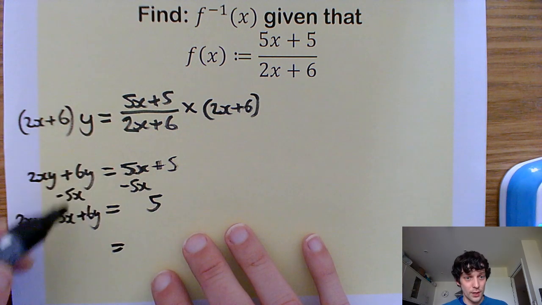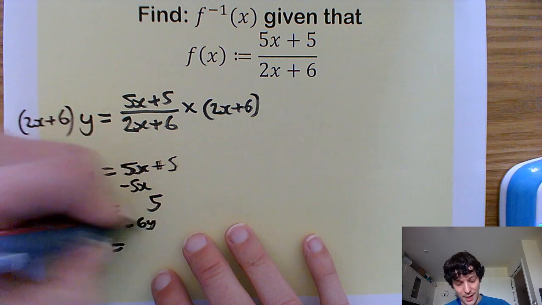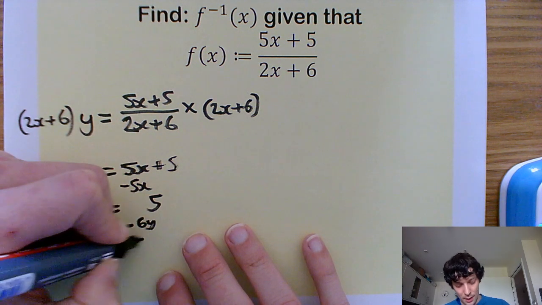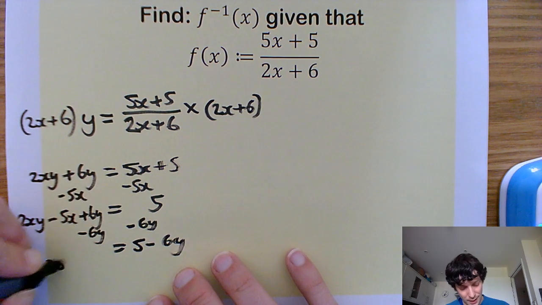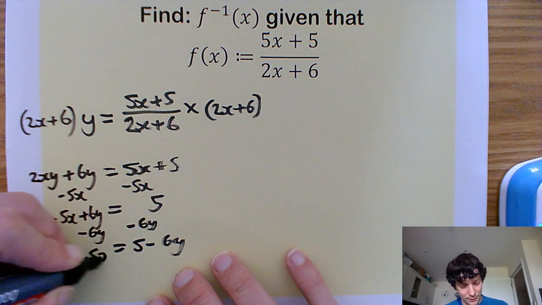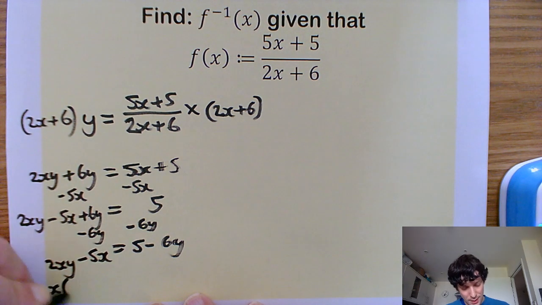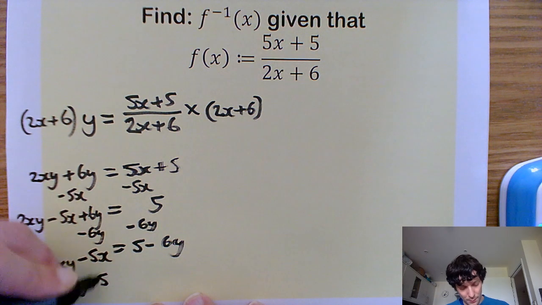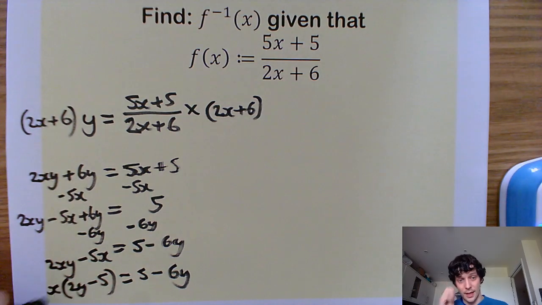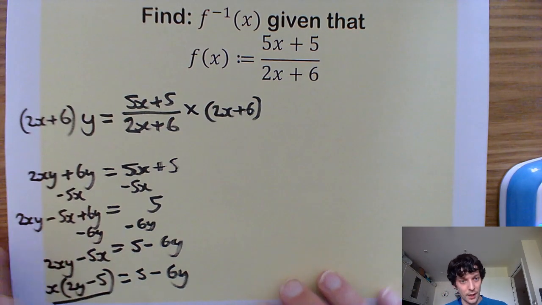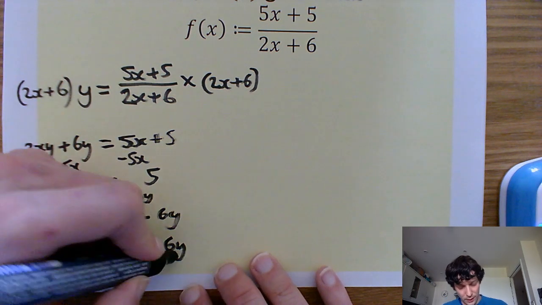Okay, let's get rid of that 6y. I don't want that over that side because it's not one of my x's. So now I've got 5 minus 6y on my right hand side, and on my left hand side my x terms, 2xy minus 5x. Got the x's written twice, so I need to factorize. x bracket 2y minus 5 is equal to 5 minus 6y. And now just to get the x on its own, we divide both sides by 2y minus 5.